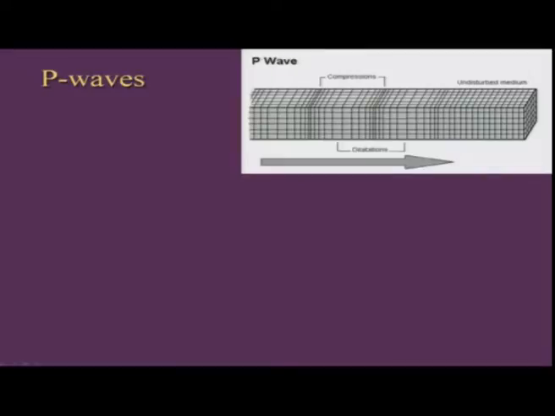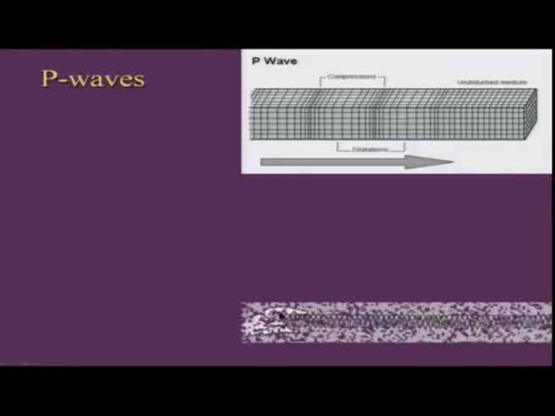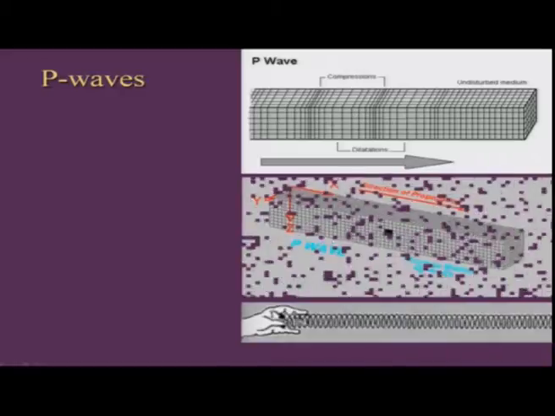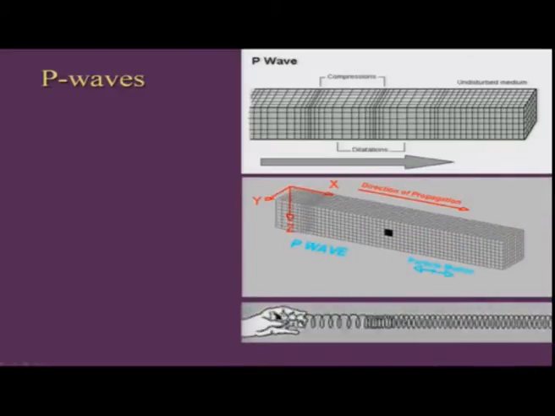So for P waves, the motion, or the direction of propagation, is almost always in a compressional fashion. It is very similar to pushing and pulling any material. If you hold a spring and try to push and pull, the particles move in this direction.